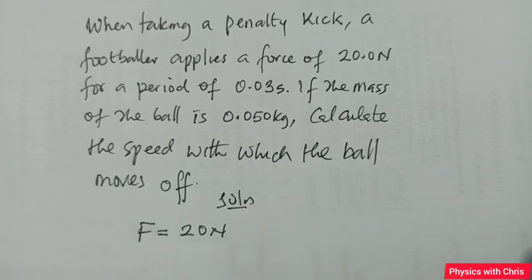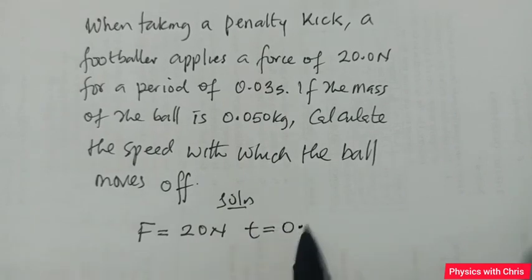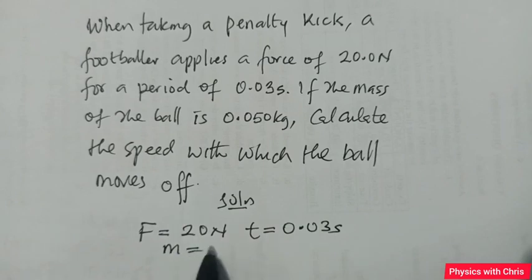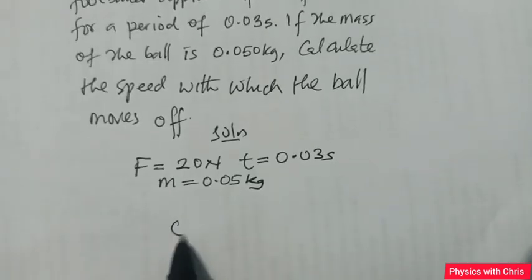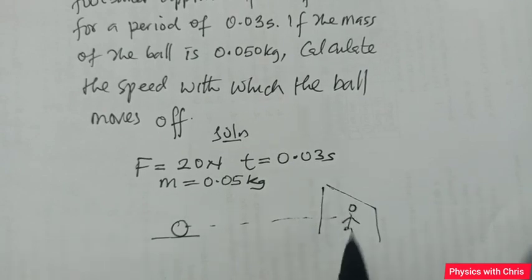And the contact time, that is the time during which the boot is in contact with the ball, that time t is always called the contact time, is 0.03. And if the mass of the ball is 0.05 kilogram, the question says calculate the speed with which the ball moves away from the penalty spot towards the goalpost, as if the player should score a goal. This is the goalkeeper and so on.